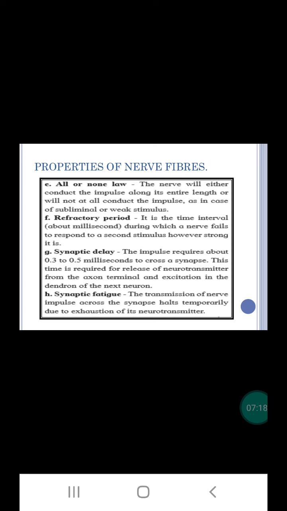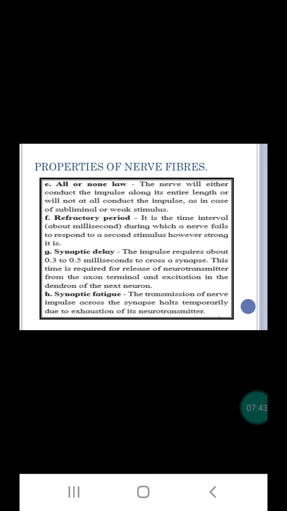Then refractory period. It is the time interval, in milliseconds, during which a nerve fails to respond to a second stimulus, however strong the stimulus may be. Then there is synaptic delay.